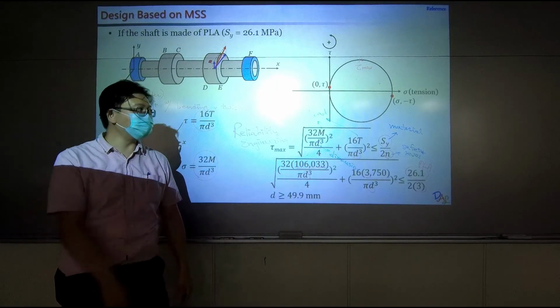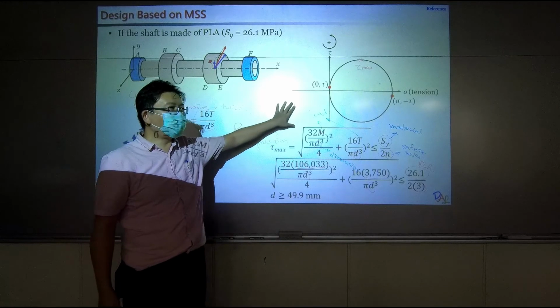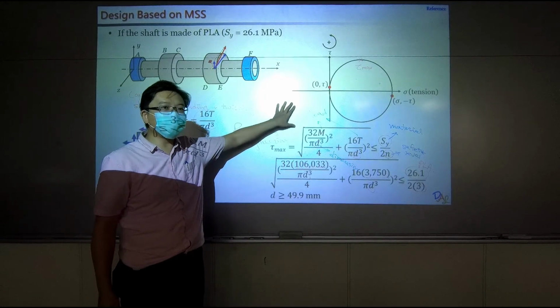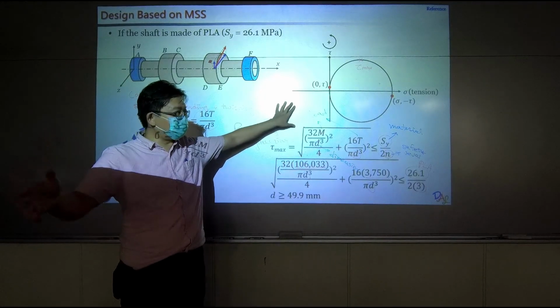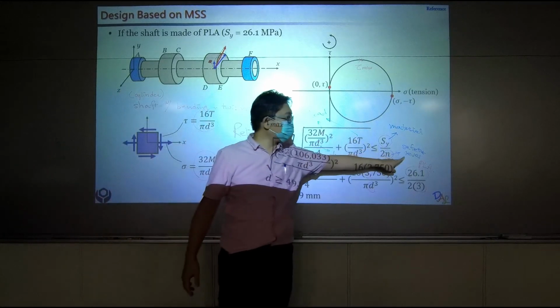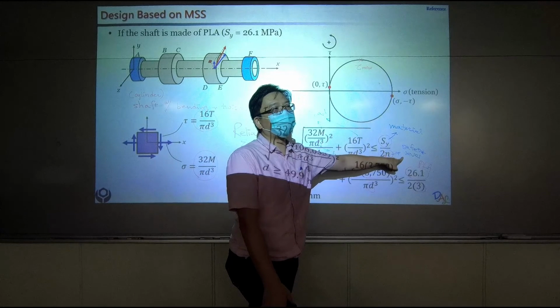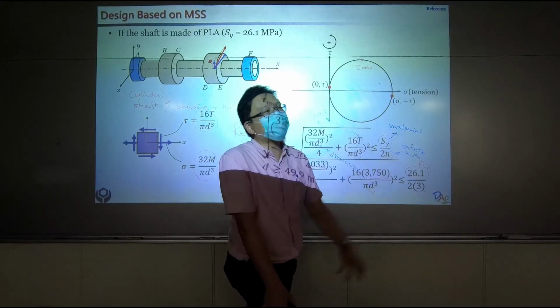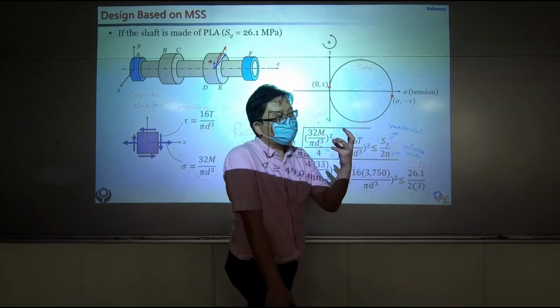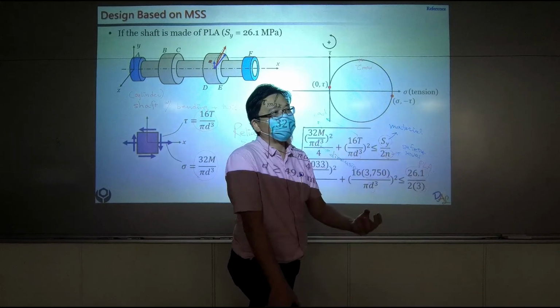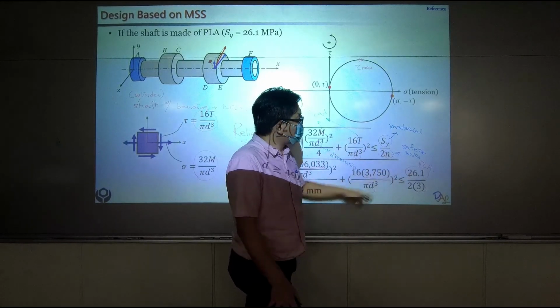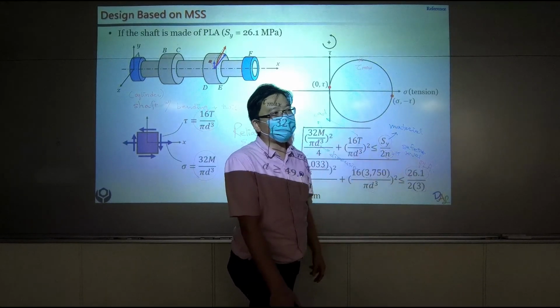And usually, engineers in the industry sometimes cannot figure out the safety. So sometimes the design is too safe, then the company will lose money because it's too big. Sometimes the design is not safe enough.